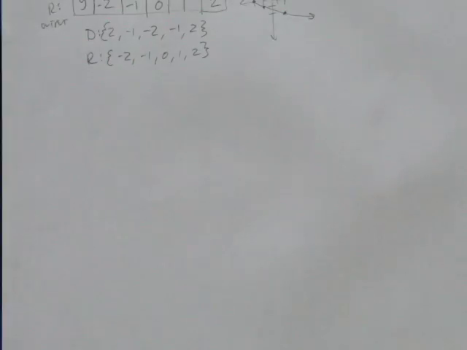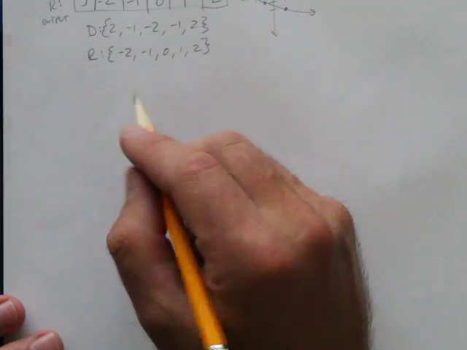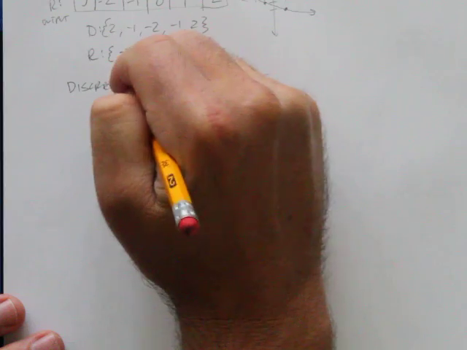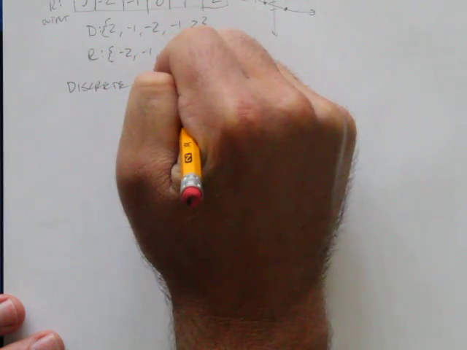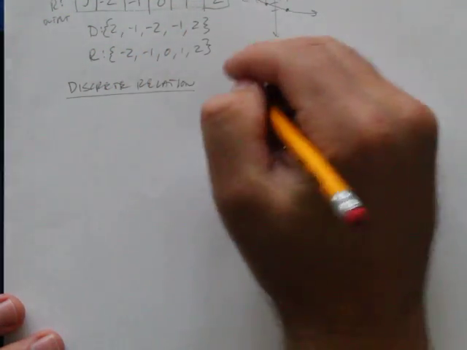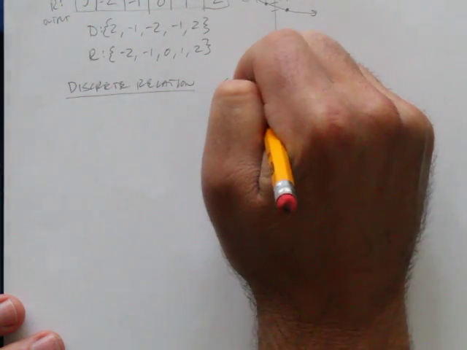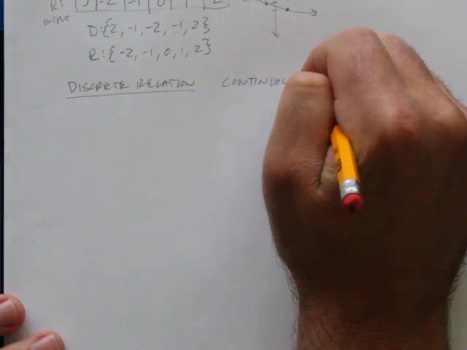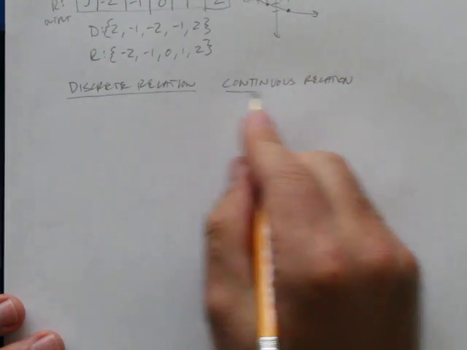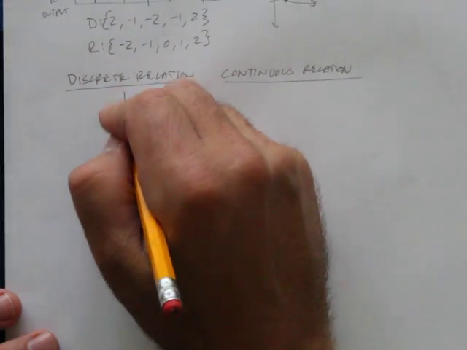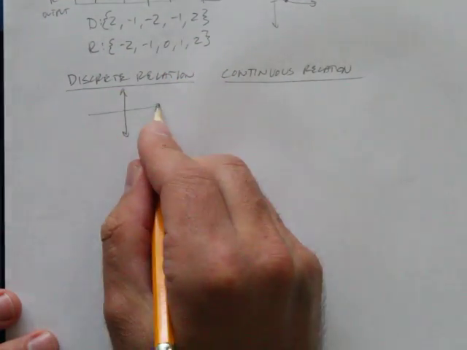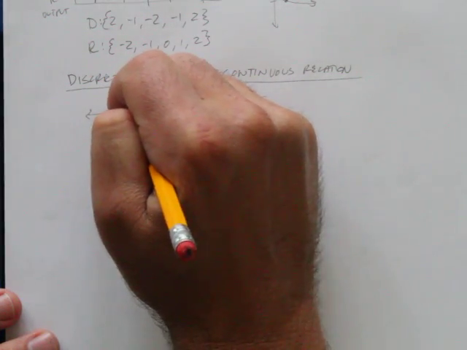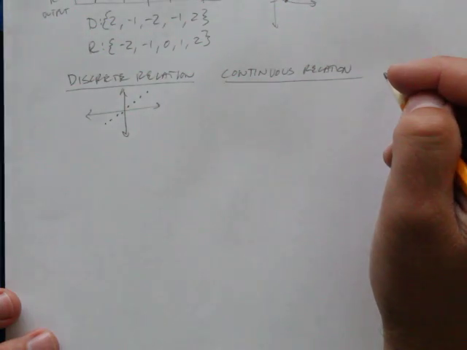All right, let's talk about two different kinds of relations. There is a discrete relation and there is a continuous relation. A discrete relation, we're just going to draw them. This is a series of points. They might be in a row, they might not.